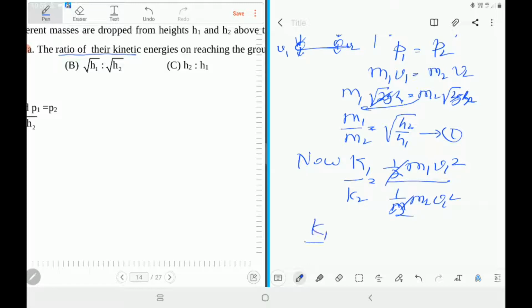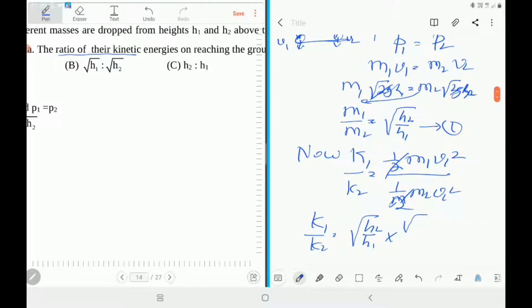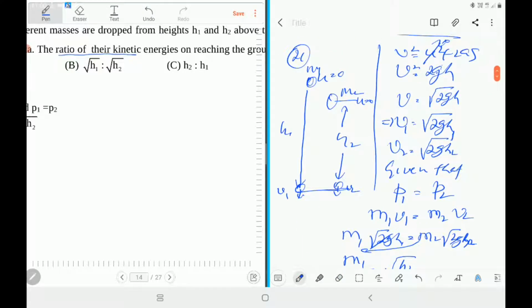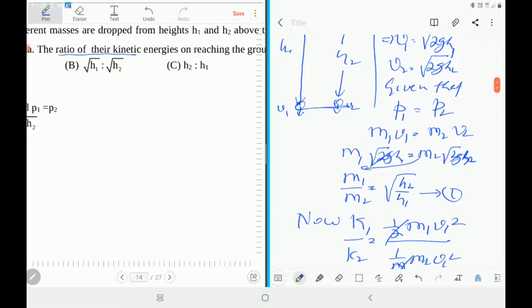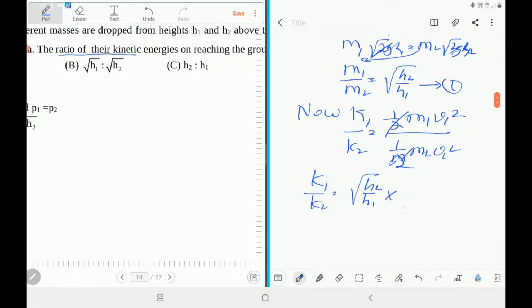So k1 by k2 is m1 by m2, which is root of h2 by h1, times v1 by v2 squared. What is v1 by v2? v1 is root 2gh1 and v2 is root 2gh2, because we proved that in the calculation above. So squaring, we have 2gh1 divided by 2gh2, and 2g cancels.